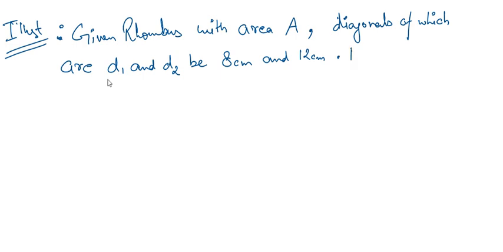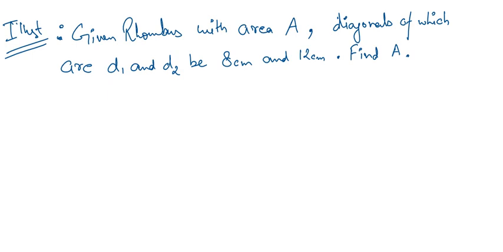It is said to find A. So the statement is: given a rhombus with area A, diagonals D1 and D2 having values 8 centimeters and 12 centimeters respectively, find A.